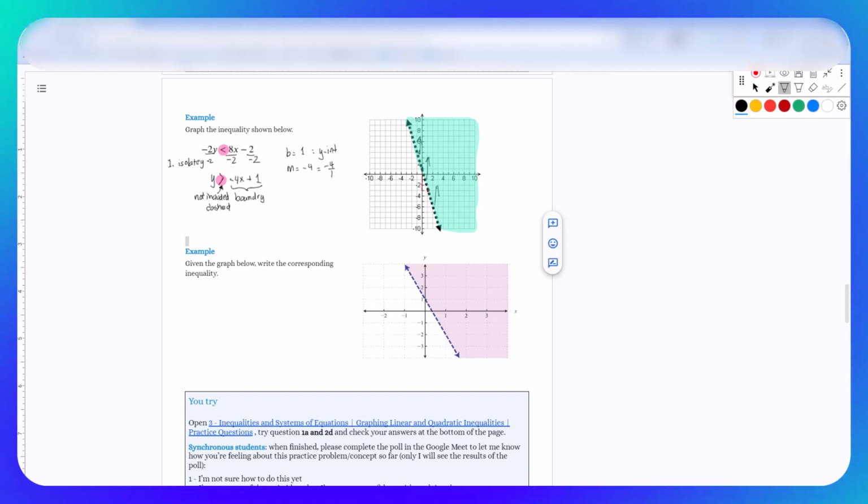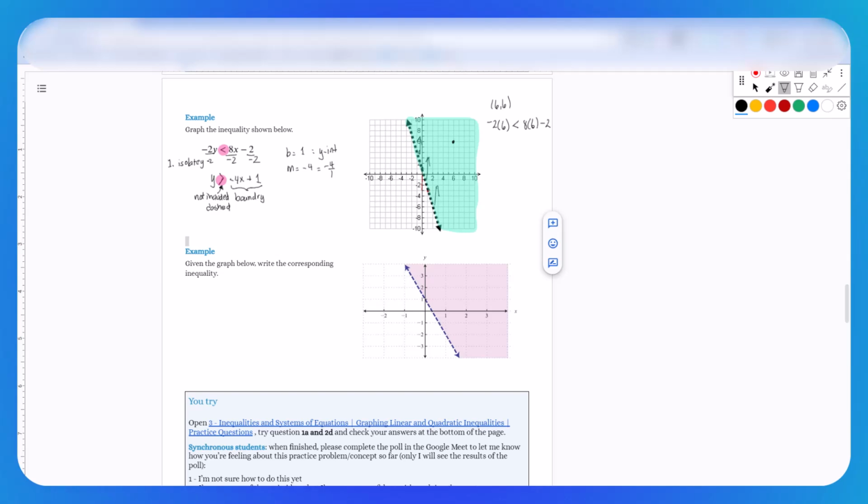Now remember, you can pause the video at any time to catch up on some of these drawings. I realize they do take time. So let's take a test point. Let's go back to good old 6 and 6. When we take our values, we get negative 2 times our y value, which is 6, is less than 8 times our x value, 6, minus 2.